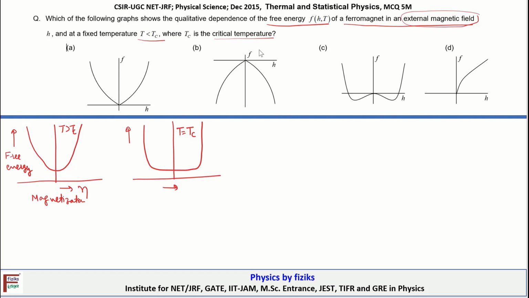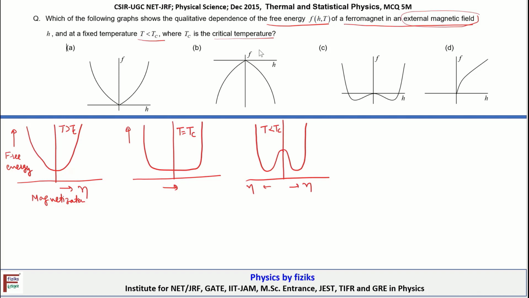Okay, and then we have a third situation where we plot again the Helmholtz free energy, or the free energy of the system as a function of the order parameter, eta, but this is valid for when temperature is smaller than Tc.